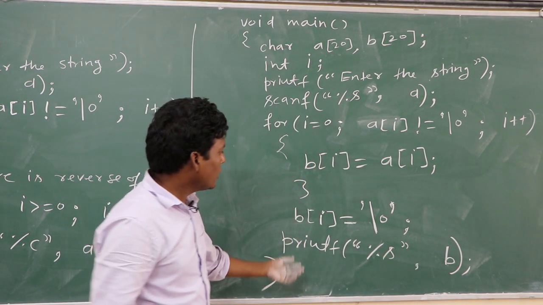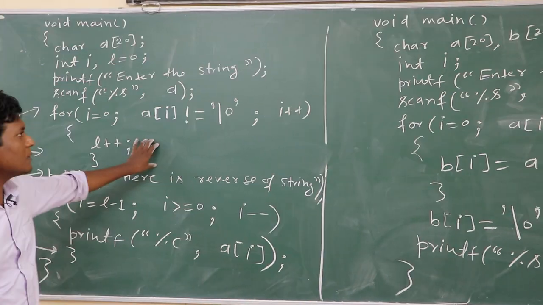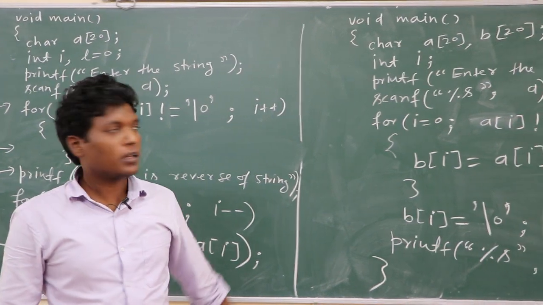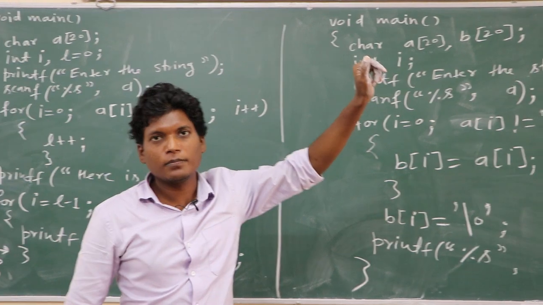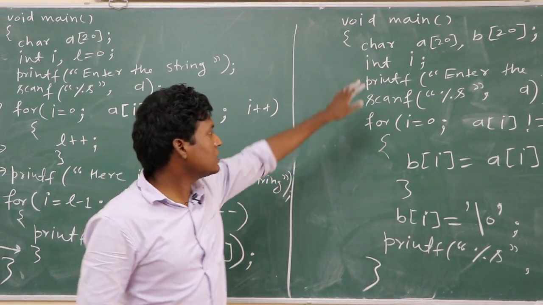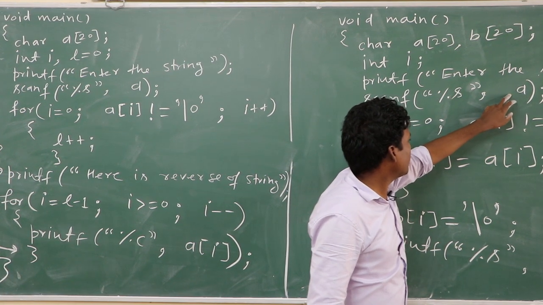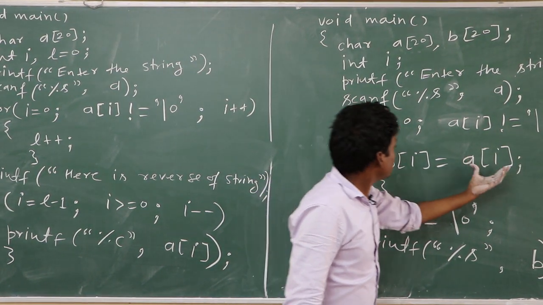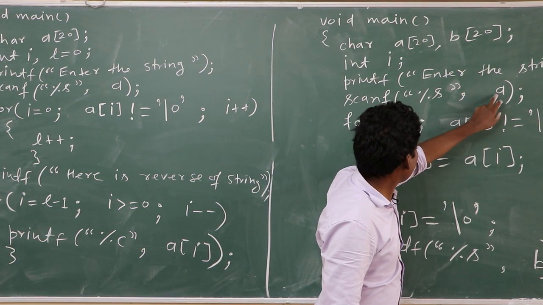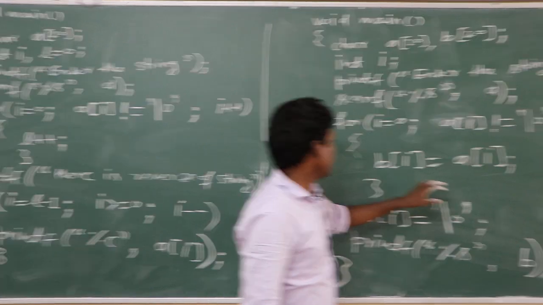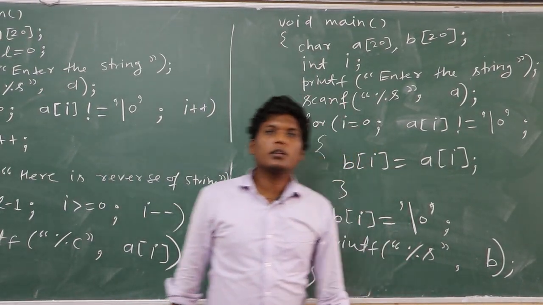What we have copied in b, b prints here. Okay, so that is the reverse of a string, and in this program we copy string a into string b. Initially both are blank, but here a is filled through scanf, and what you have filled in string a is copied one by one, character by character, into b, and in the last b prints the second string.